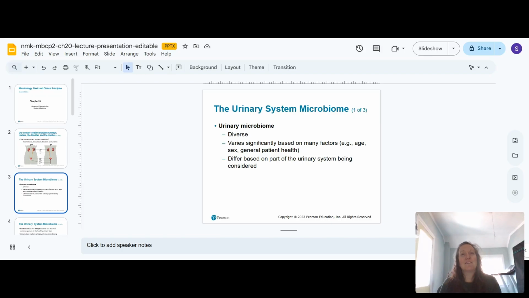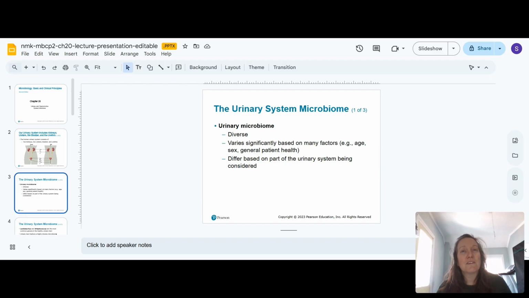So having a system of the body with an external opening makes sense that it would have a rich microbiome and it would be diverse. That microbiome is going to vary in species composition depending on where in the system you're looking. For example, the kidneys way up in our body are going to have fewer microbes than the urethral opening, which is external and at that transition. So we're going to see a lot of differences there.